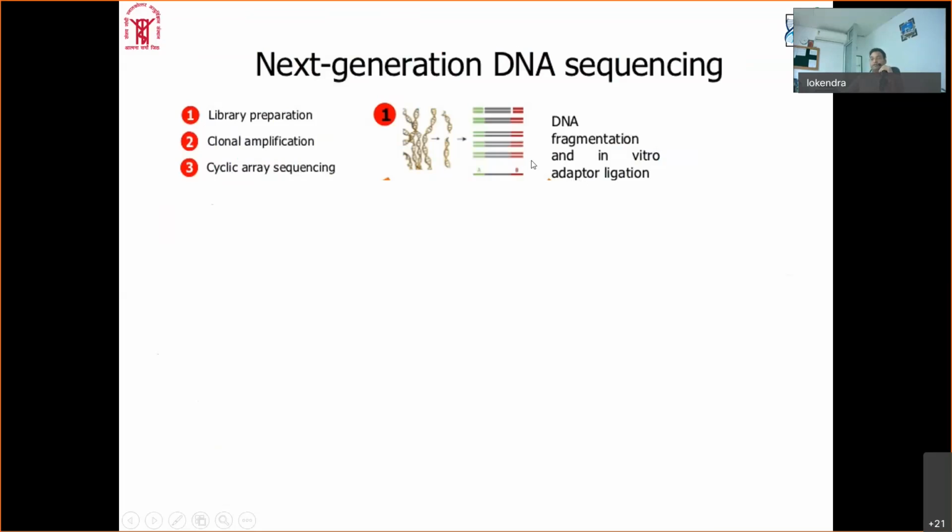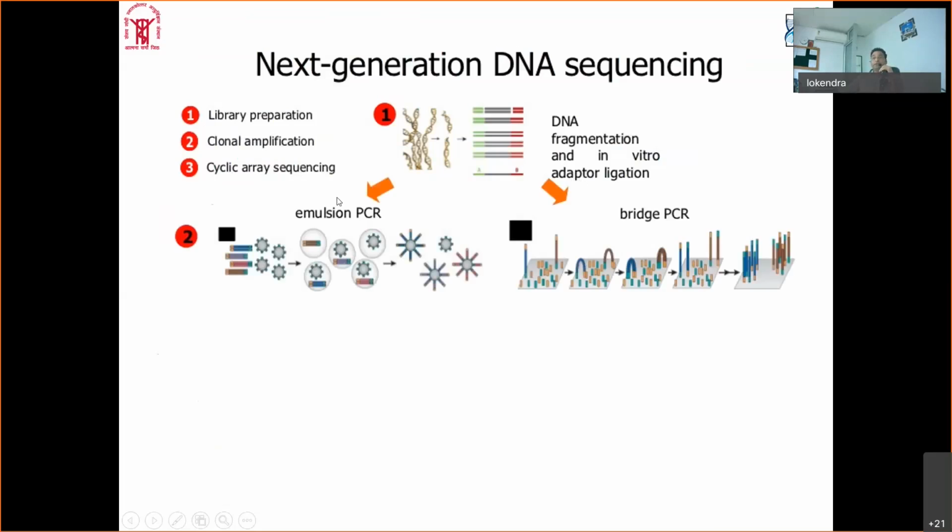And what are those methods? Either through emulsion PCR. First you make DNA fragments and do adapter ligation, and these adapter-ligated molecules can be put in a bubble-like structure, an oil emulsion PCR, in which each individual fragment goes to a specific emulsion.